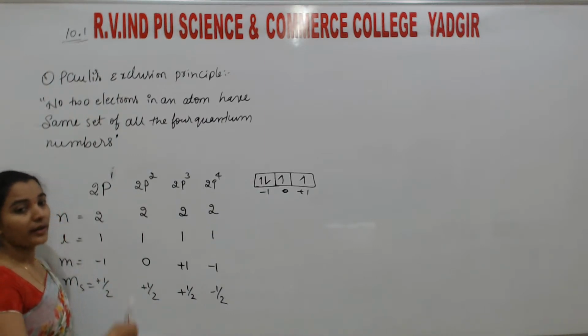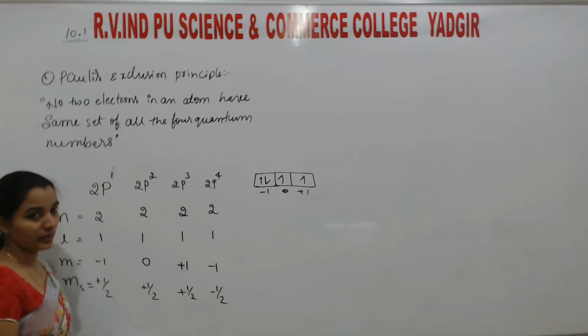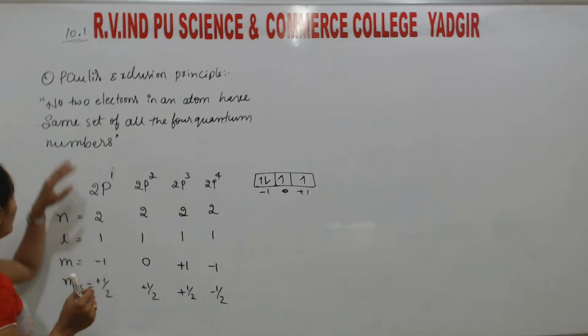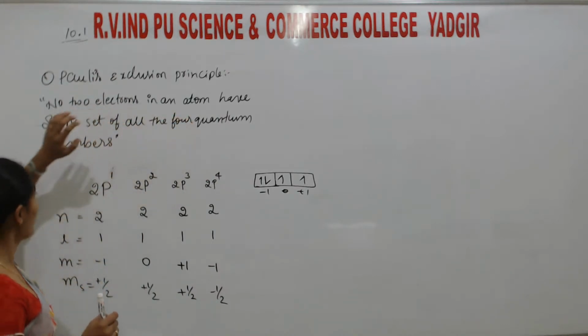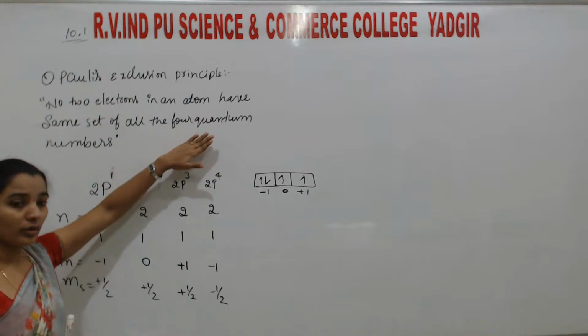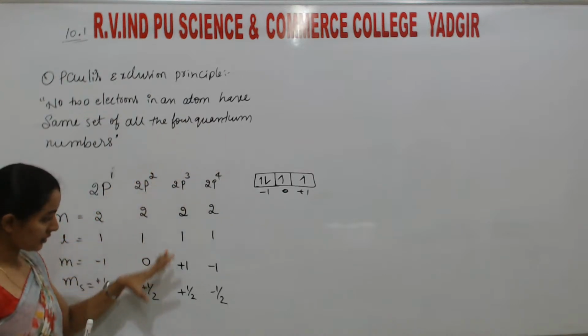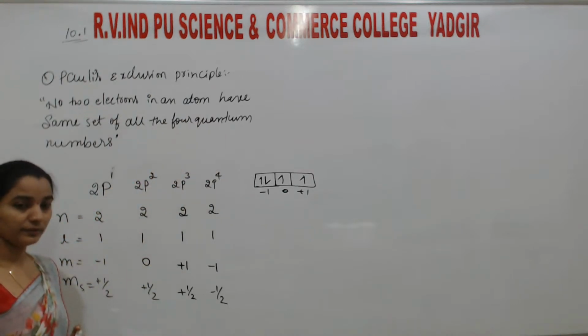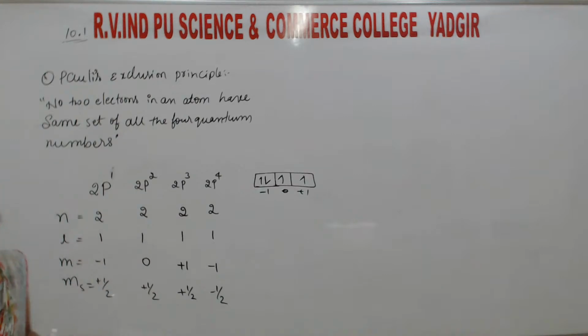So this is exactly the statement of Pauli's exclusion principle. Understood what this principle tells? No two electrons in an atom have the same set of all the four quantum numbers. And this is the example for that. Understood? Okay.